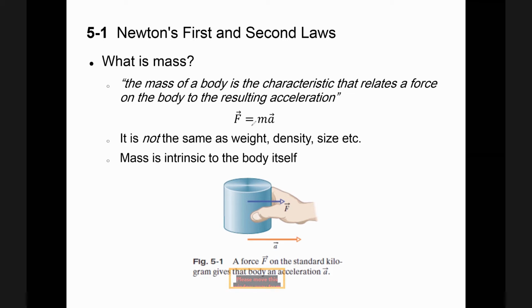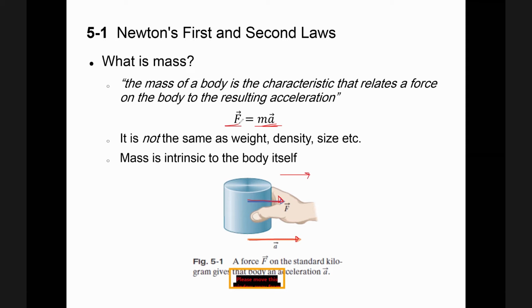We said F equals ma, and notice this figure. Here somebody is pulling this cylinder to the right, and the acceleration should be to the right. Why? Because the direction of this vector should equal the direction of this vector. This is the meaning of vector quantity.